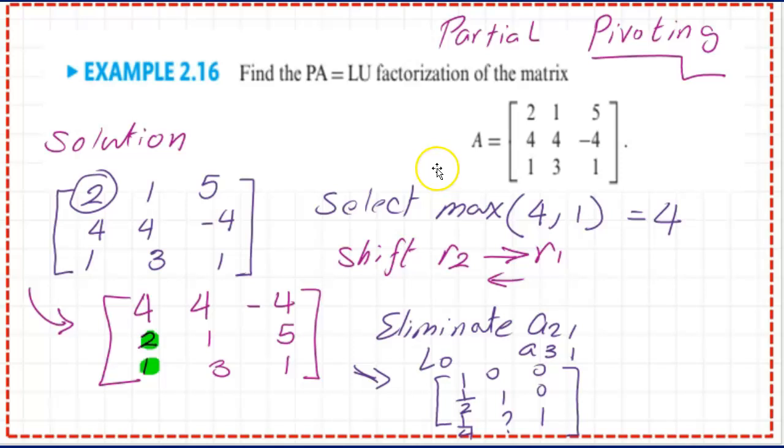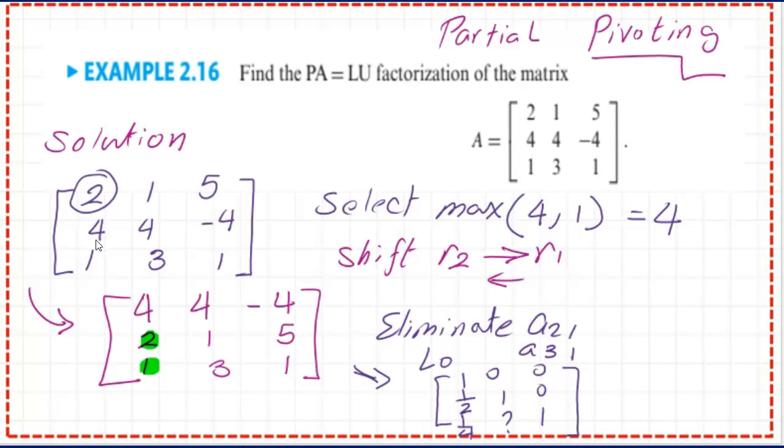In order to apply partial pivoting, as we know, this is our pivot, 2. We are going to check the maximum value for A sub 2,1 and A sub 3,1. We have 4 and 1. The absolute maximum value between 4 and 1 is 4. Then we decide to swap the row that contains the maximum value for the left side element.